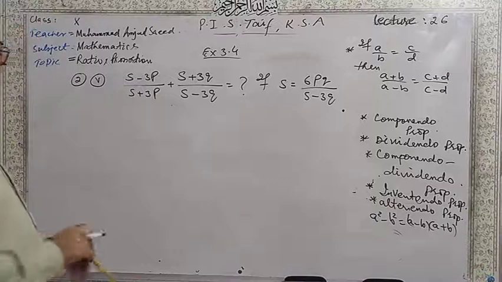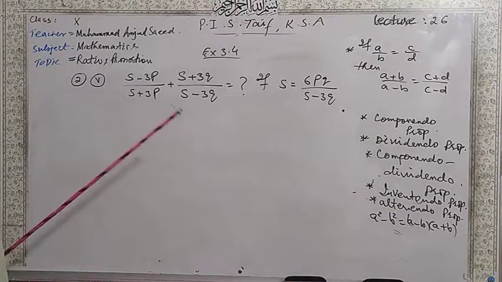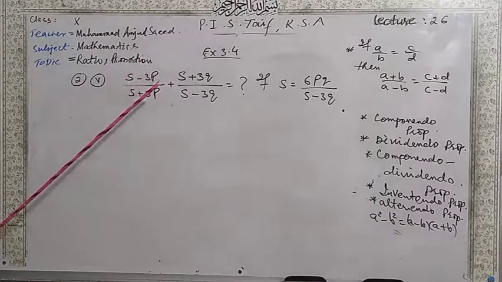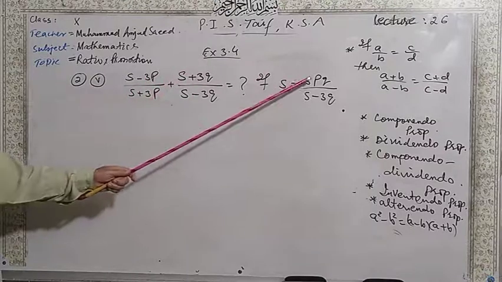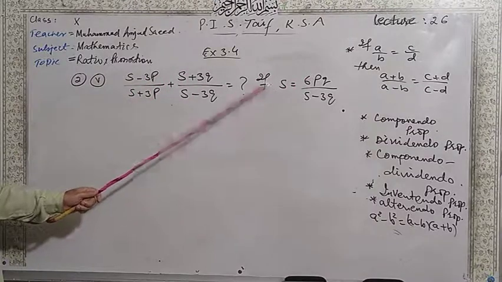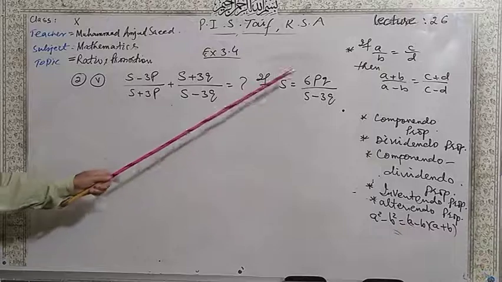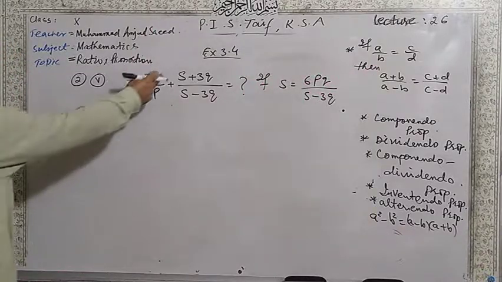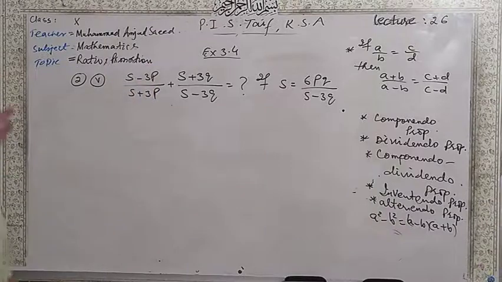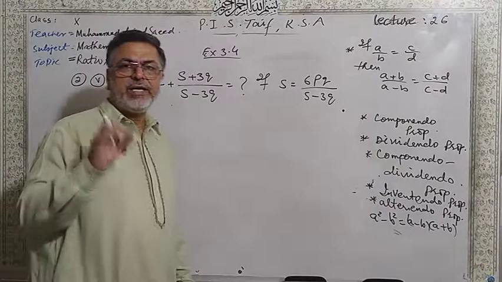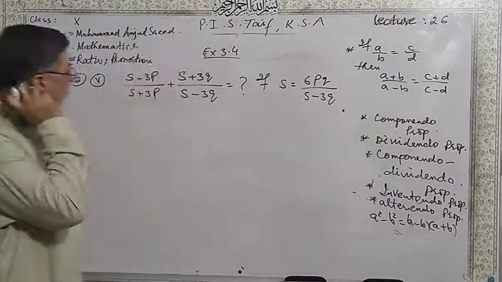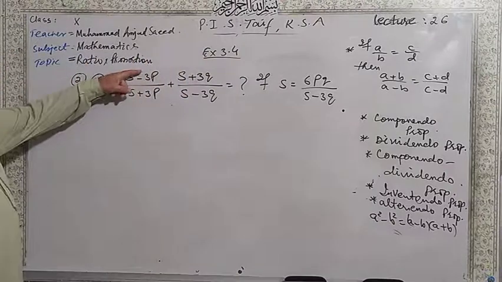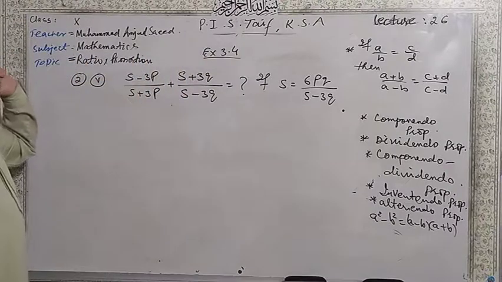Dear students, look at that. From here, first step is you have to bring 3p from here under this S, and you will apply componendo and dividendo property to get this one. Okay? And after that you will apply invertendo property to bring negative sign above and positive below.